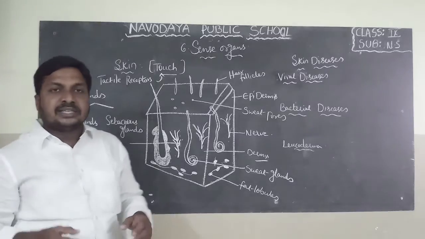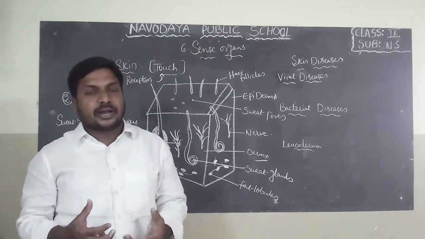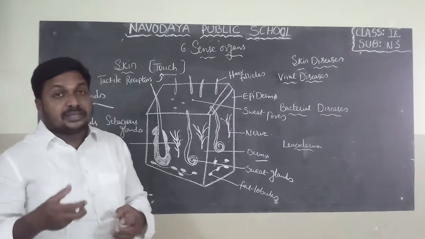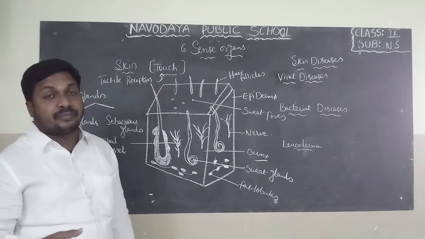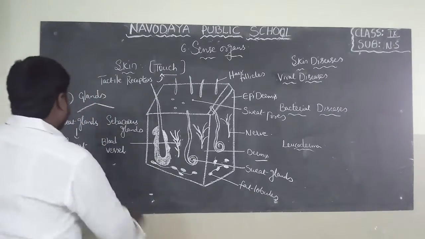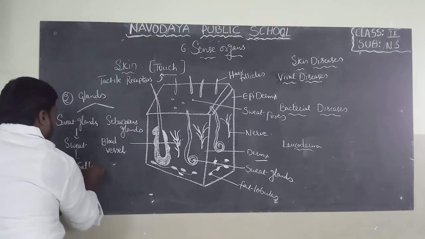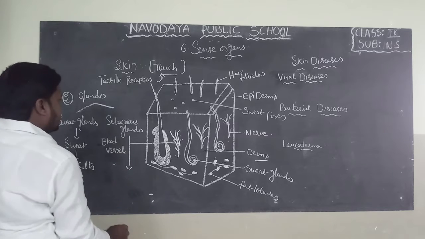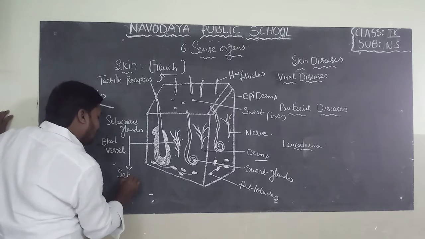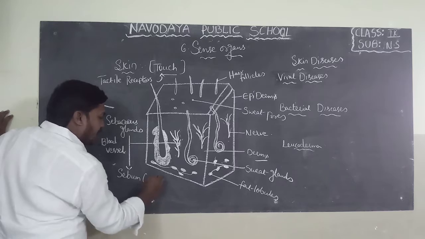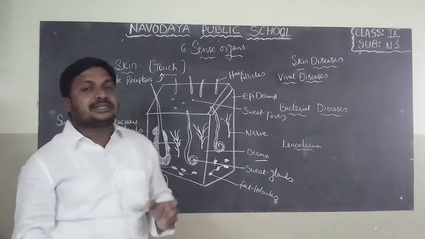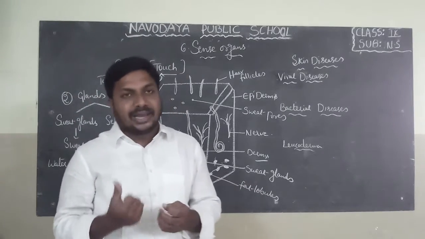Do you know sweat is a waste product? Waste products come outside of the body in the form of sweat. Sweat majorly consists of water and salts. Sebaceous glands produce sebum, simply called oil. This sebum helps to keep skin oily.